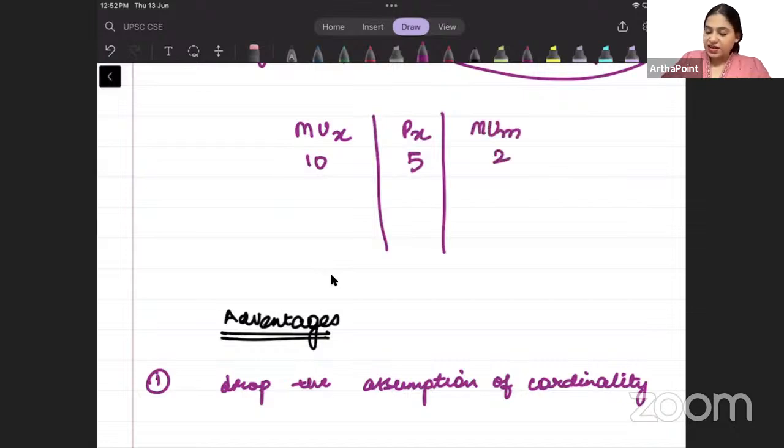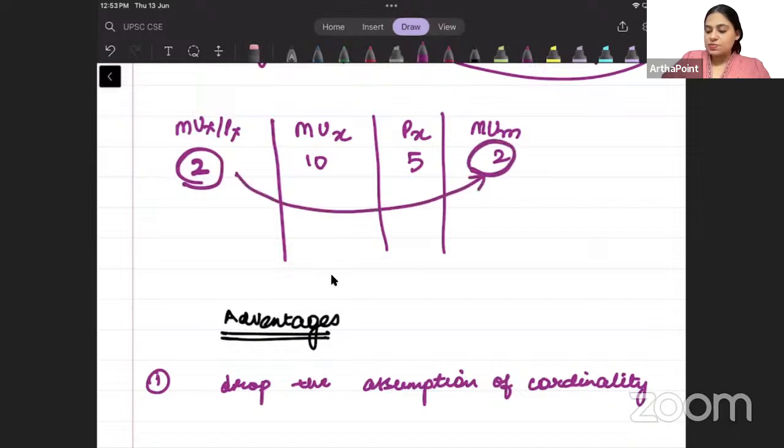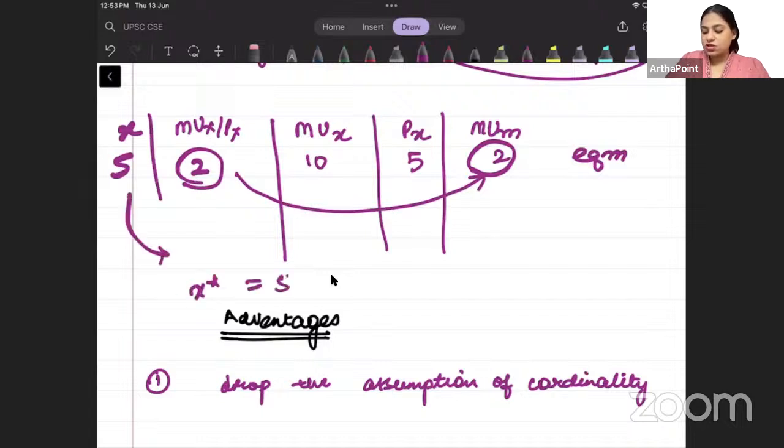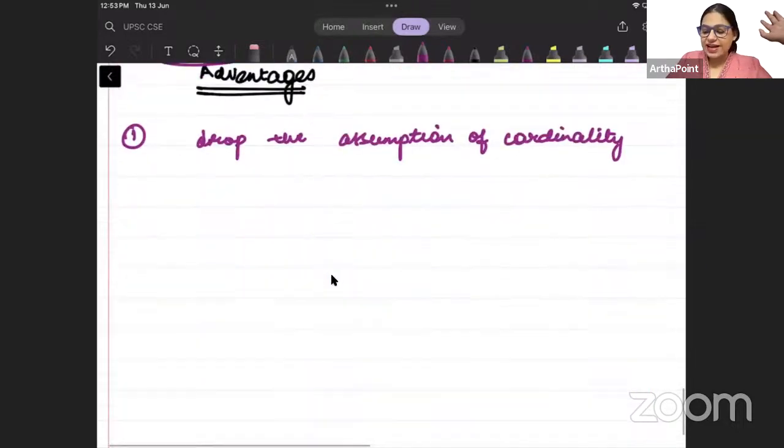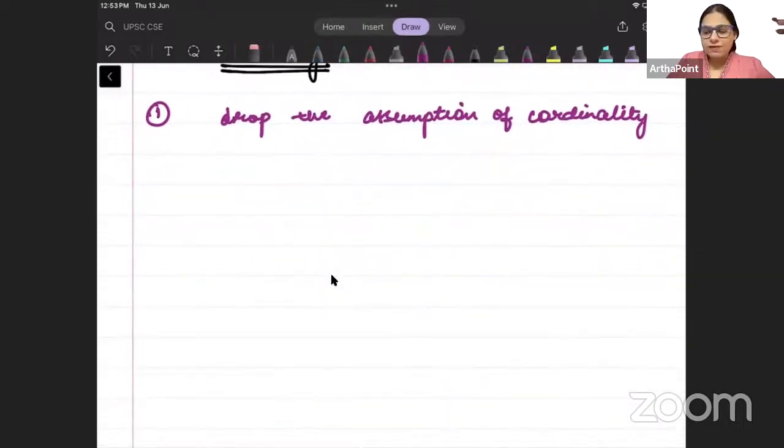What is MUX by PX? Here it is coming 2. So this is equal to MUM. So this is my equilibrium. Suppose this happens at 5 units, so I will consume 5 units. The very fact that I have to calculate utility in terms of numbers is now dropped. So I can relax about how I would calculate these numbers of utility.